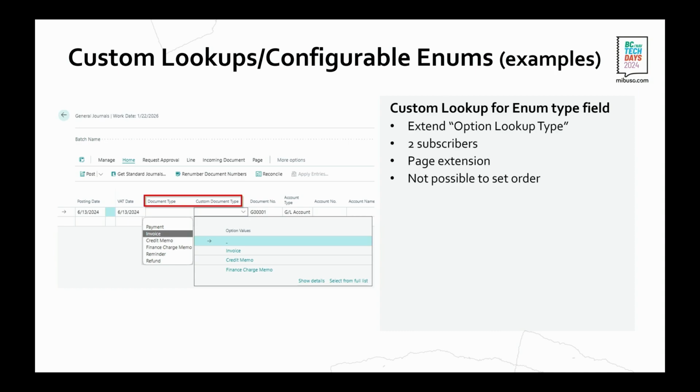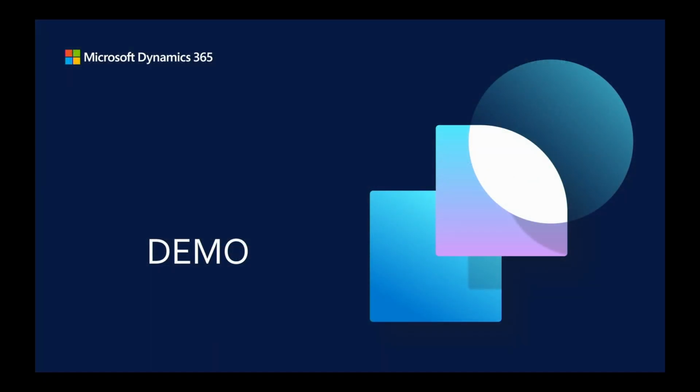To do that, you need to extend the Option Lookup Type enum, create two subscribers, and make the page extension of the particular page. The only limitation here is that you cannot set the order of the values. So I will demonstrate it to you.